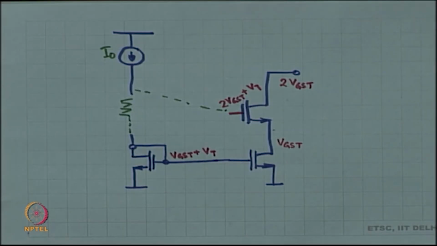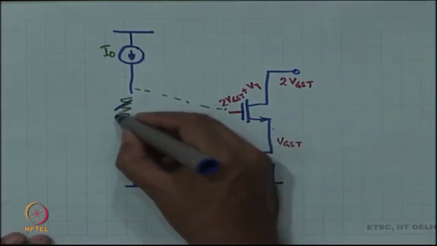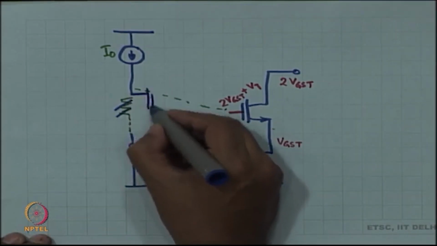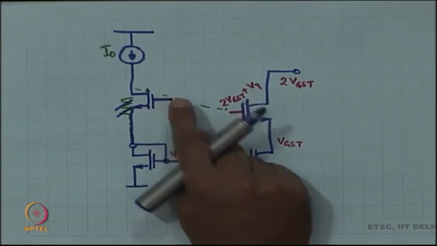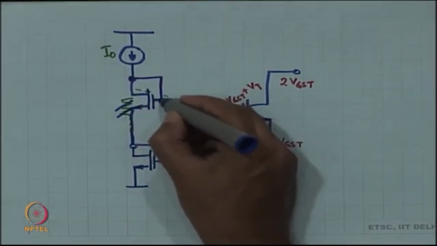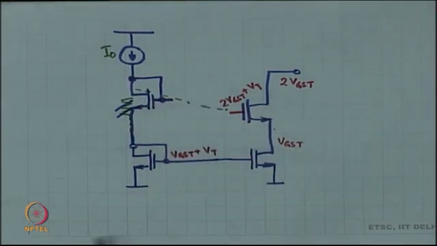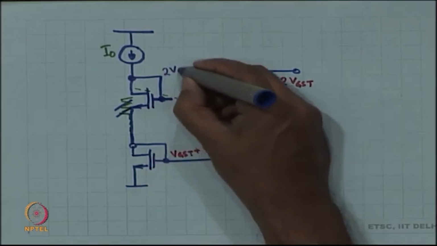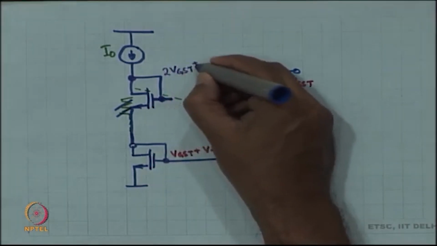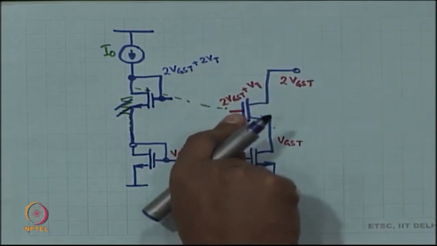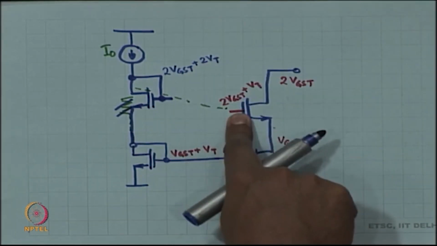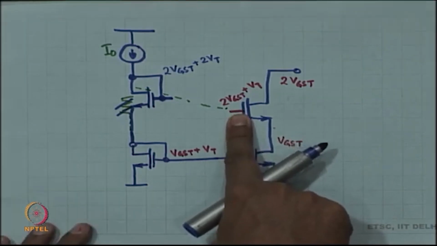What other possibility is there? Another possibility is that, let us not bother about this. We have this MOSFET and we know that this creates a voltage over here of 2 times VGST plus 2 times VT, but I need to drop a VT below that. All right.